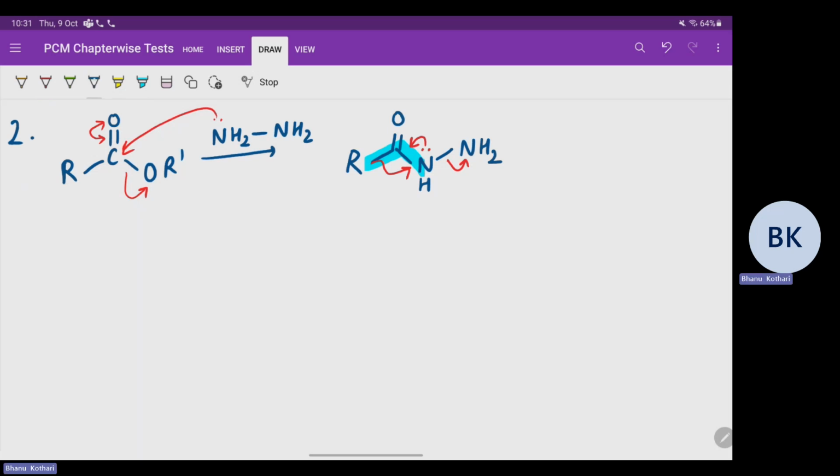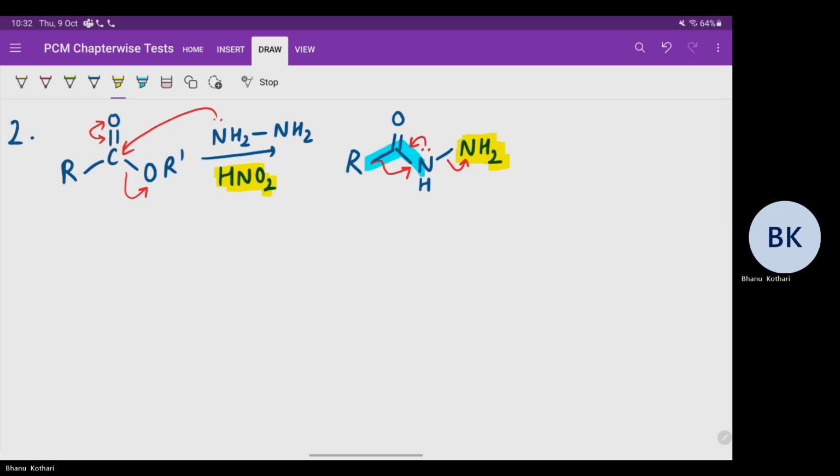So the product that we get in the presence of HNO2, what will be the role of this HNO2? This HNO2 will combine with this NH2 group, and we get an N2 plus or diazo compound, which will be a good leaving group.